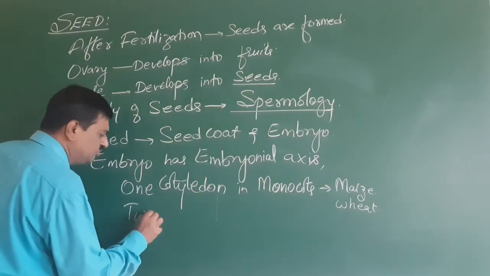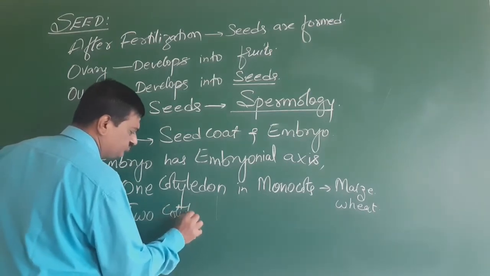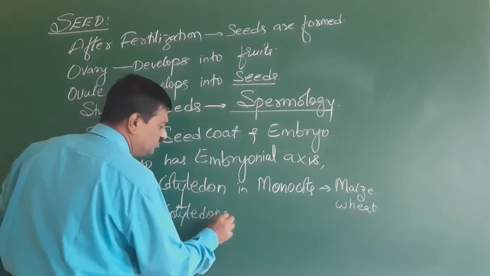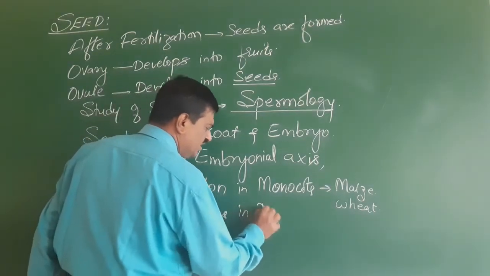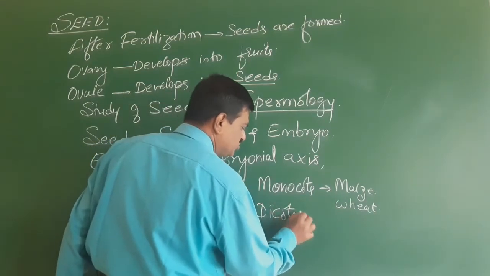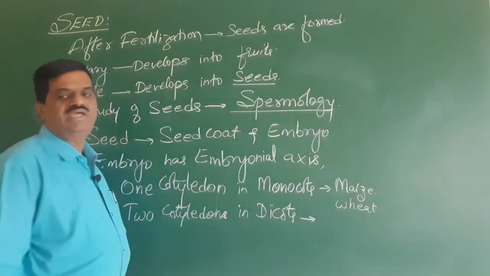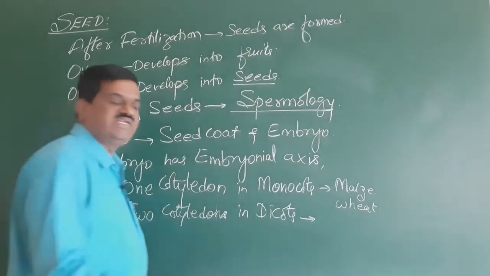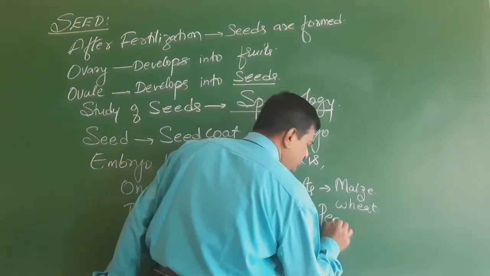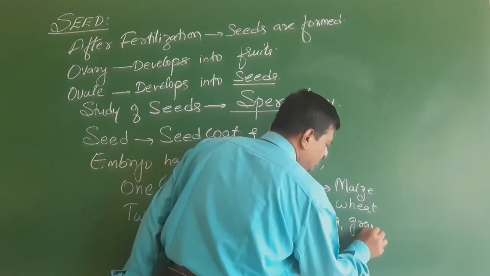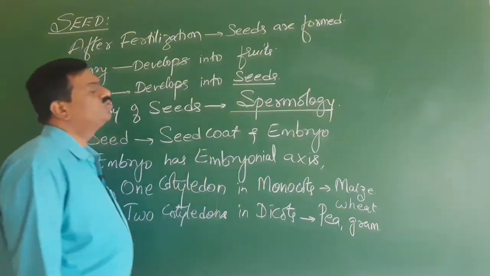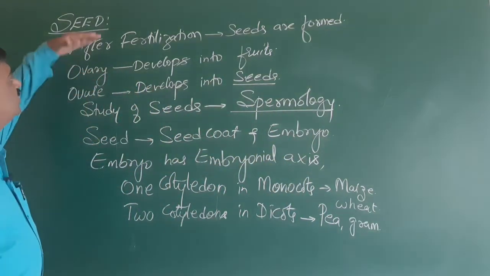Or it has two cotyledons in dicots. So in a dicot we see the presence of pea and gram, with two cotyledons like this.